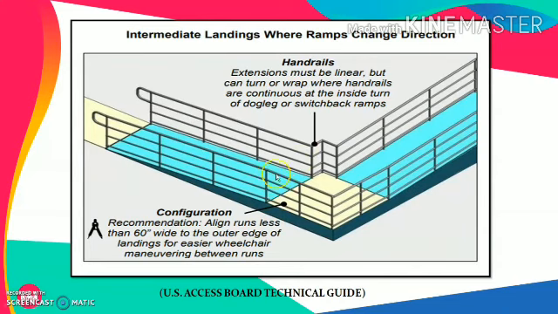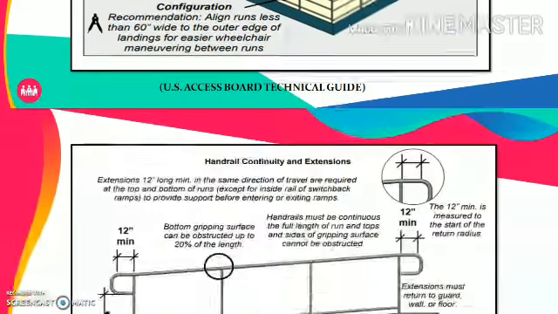If that width is less, with a minimum of 36 inches as we have seen in the previous parts, then at the landing it must be wide enough and should have a dimension of 1.5 meters by 1.5 meters, and it should have such corner provisions, because of which the use can become simpler. So these are the very important points that must be followed at the time of construction of the ramp.